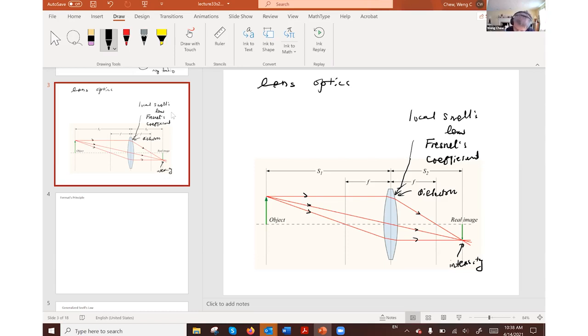This is usually used if this object is of size d, and if lambda is much less than the size of the object, then you can make the short wavelength approximation, which is also called a geometrical optics approximation.